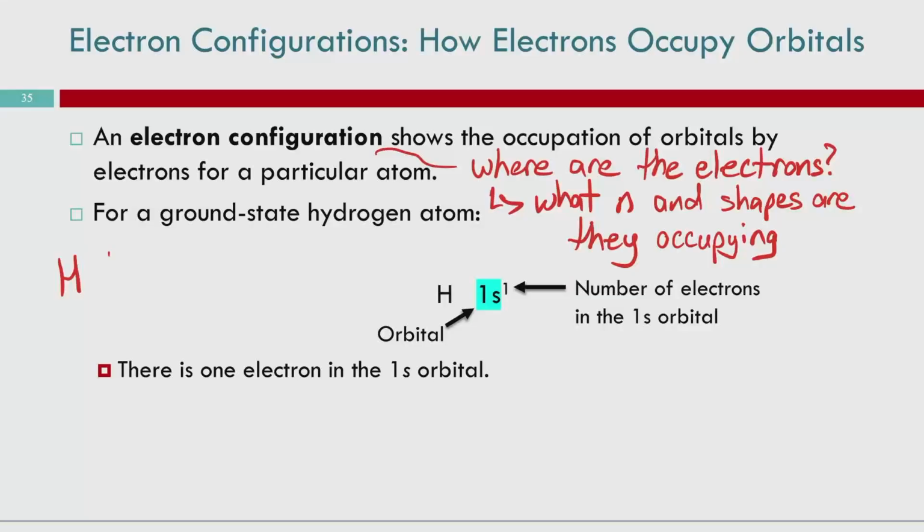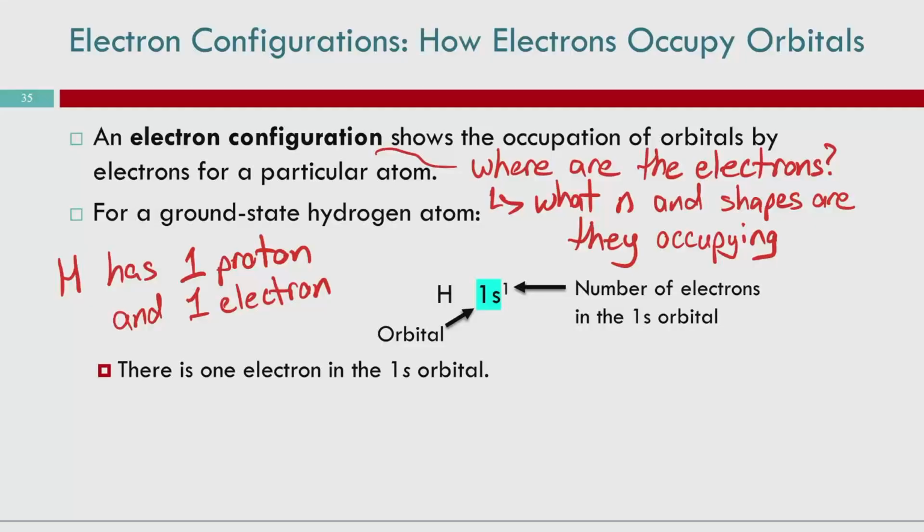So this is a little bit of review. Hydrogen has one proton because of that atomic number, and one electron. For their ground state, it's always the same number.